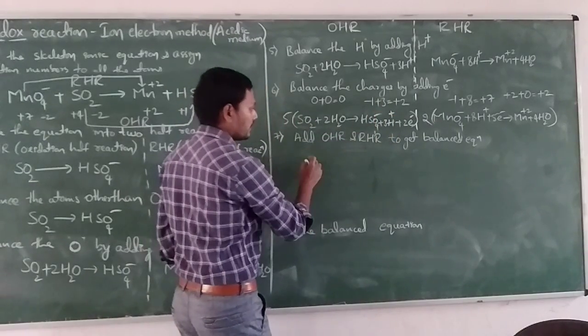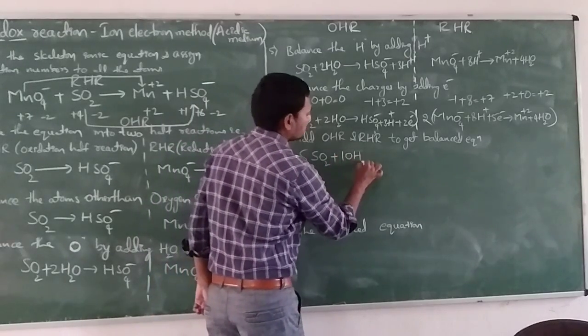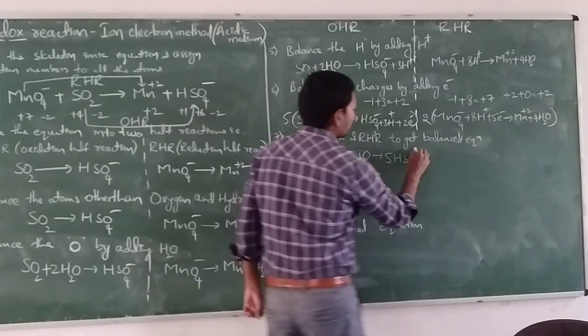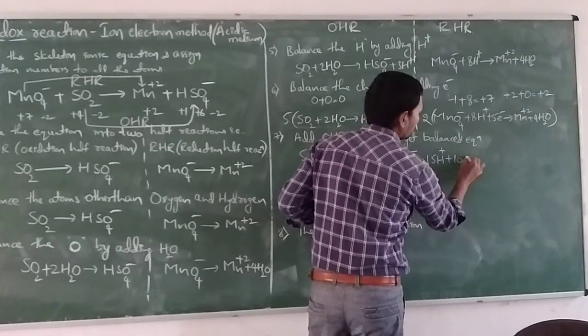See, multiply with 5 and we multiply all the components in this reaction, not only the electrons. So 5 sulfur dioxide plus 10 H2O gives rise to 5 HSO4 minus plus 15 H plus plus 10 electrons.